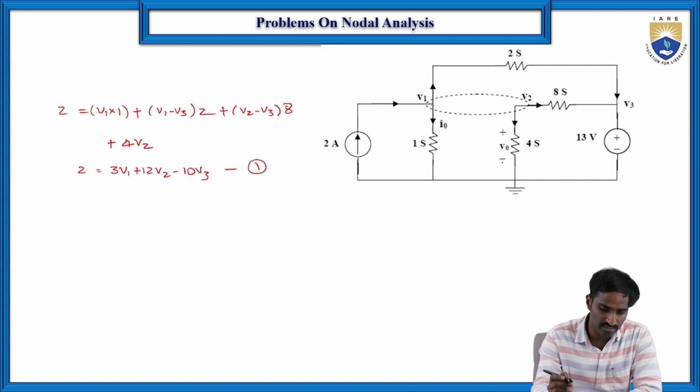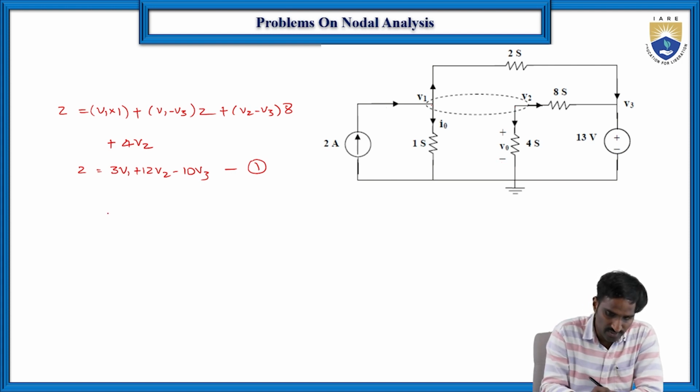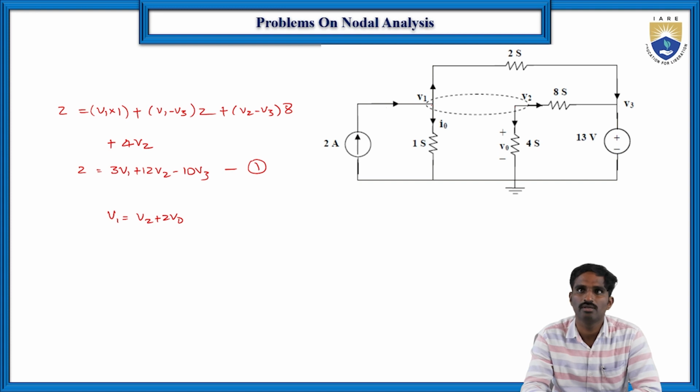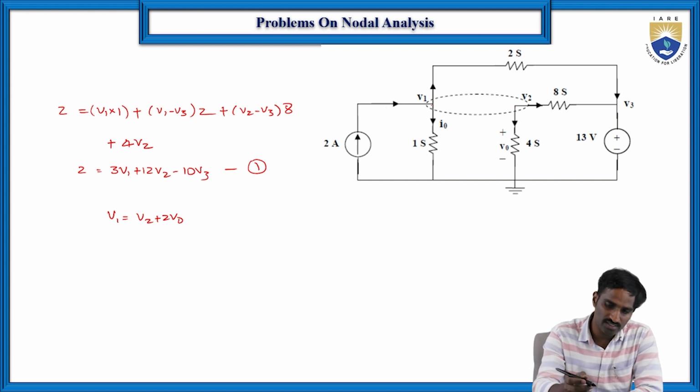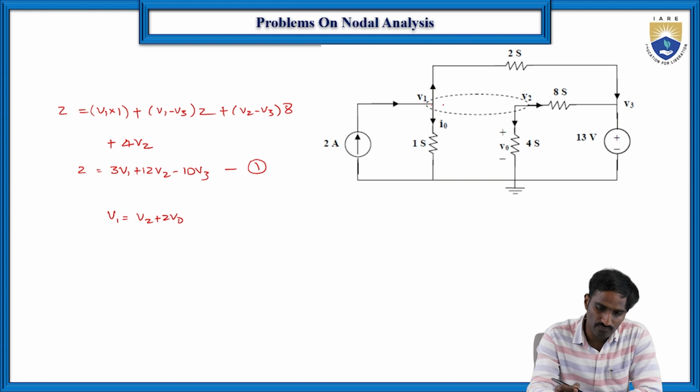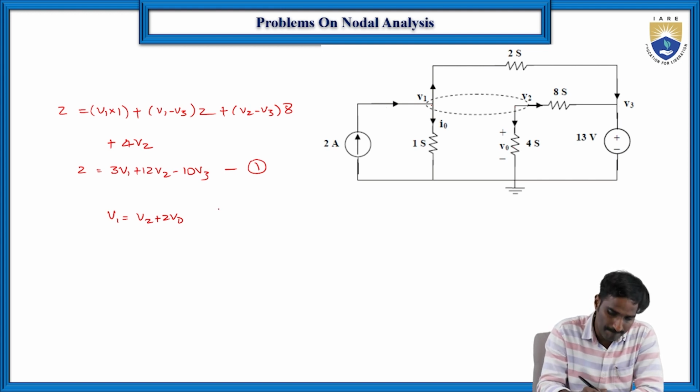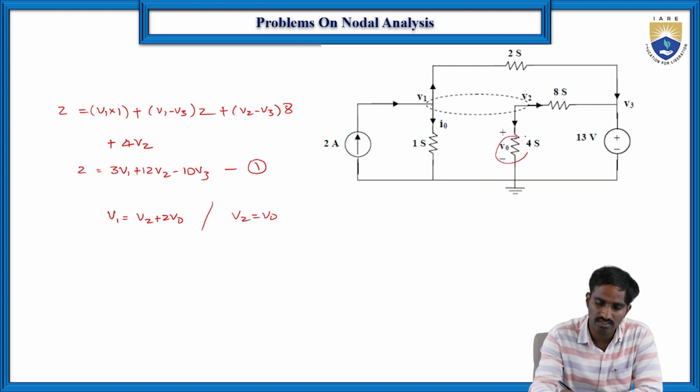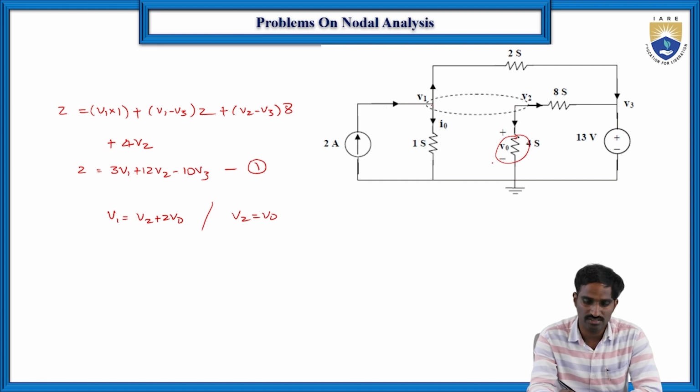But as you can see, V1 is equal to V2 plus 2 into V0. Here V2 is equal to V0, because V0 is the voltage across the 4 S resistor.